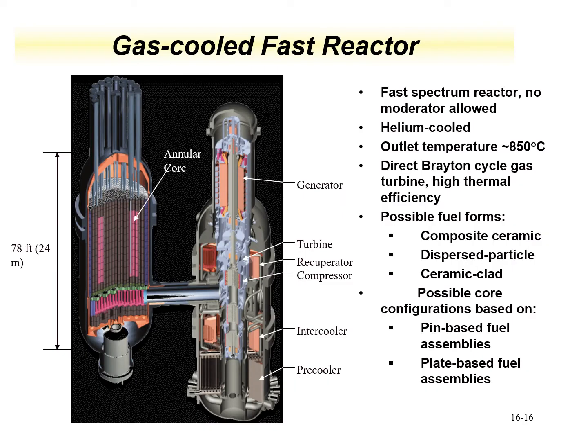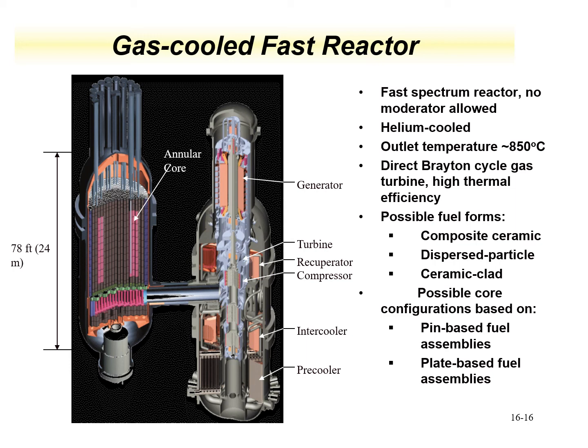Another reactor variant that has been explored is the gas-cooled fast reactor. This is a fast spectrum reactor, so there's no moderator. One of the coolants that's been evaluated has been helium. One of the benefits of a gas-cooled fast reactor is the high outlet temperature, up to 850 degrees C. This can be useful for producing electricity, but it can also be used as a heat source for chemical processes.